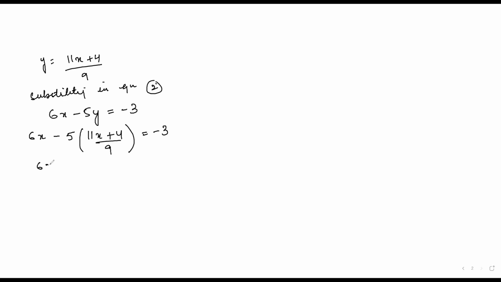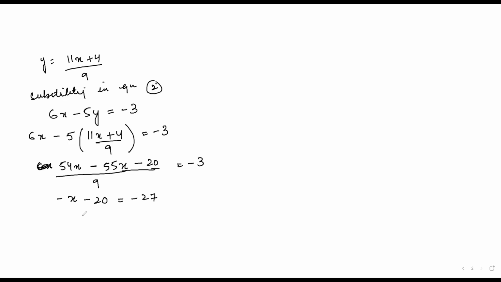Now I think I should directly take the LCM, right? Yes, LCM 9. So 6 into 9 is 54x. Then minus, I'm just opening the brackets here, so 5 into 11 is 55x, and then minus 20, equal to minus 3 into 9, which is minus 27. Now 54x minus 55x is minus x, and minus 20 equals minus 27.